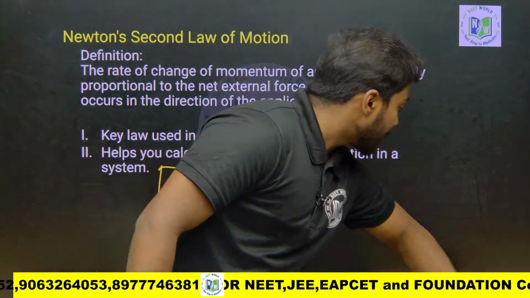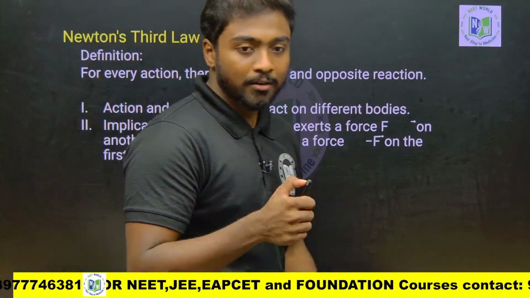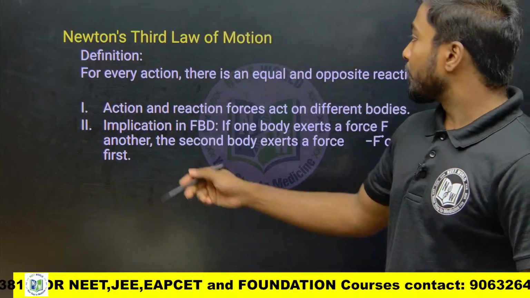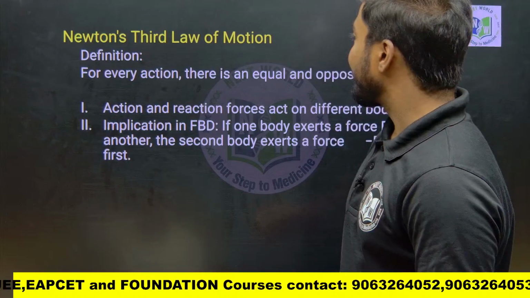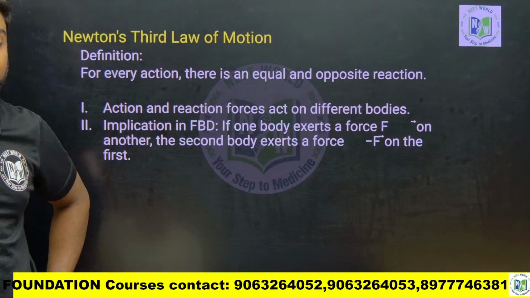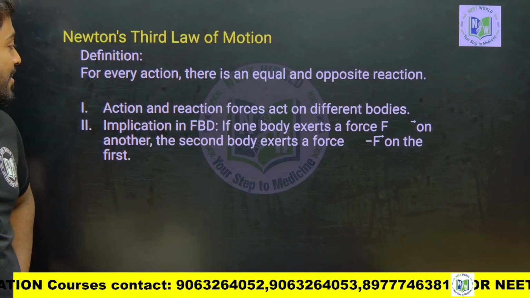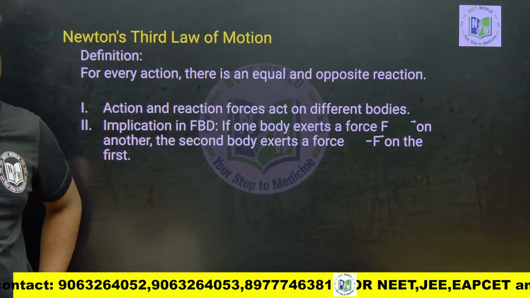Next is the third law, the most common law in day to day life, no? For every action there is an equal and opposite reaction. It is applicable for life also, no? Action and reaction forces act on different bodies.